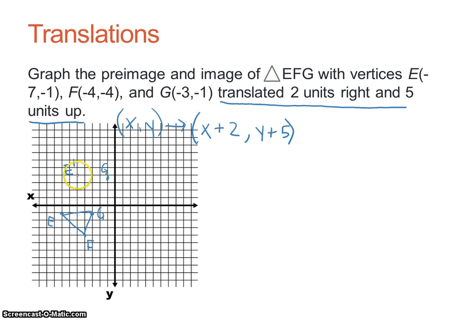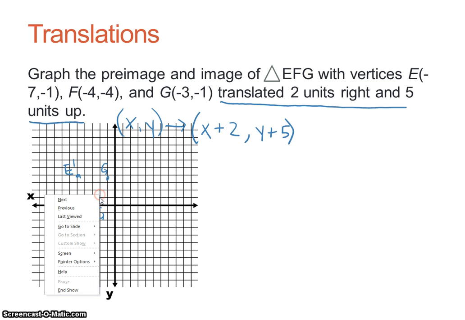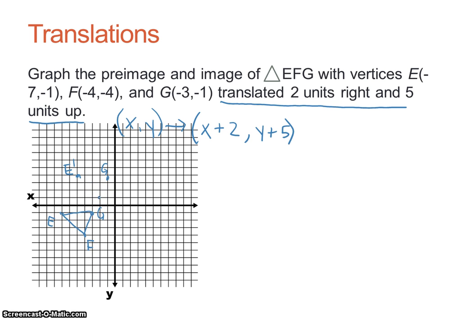And we'll take our F, go 2 to the right, and up 5. This is our F prime, and this is G prime and E prime. So we can connect. So this triangle up here is now our image of our triangle EFG, translated 2 units right and 5 units up.